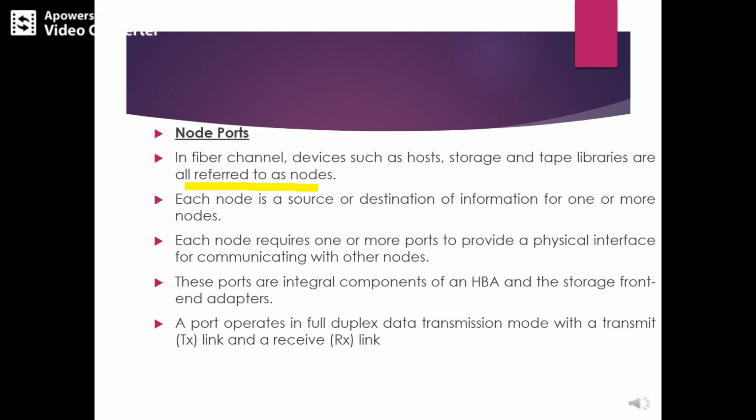Each node is a source or destination of information for one or more nodes. Each node requires one or more ports to provide a physical interface for communicating with the other nodes.